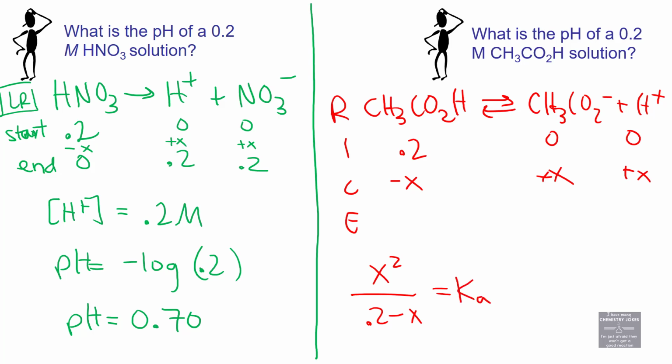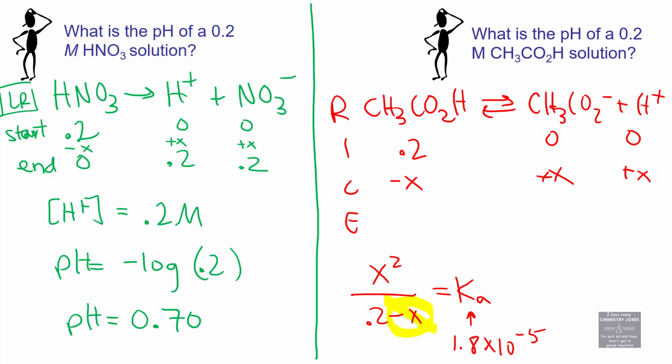I cannot assume it's 0.2 molar H+ because it's a weak acid. So I can look up the Ka in a table. The Ka of acetic acid is 1.8 times 10 to the negative 5. I can do one more thing and assume x is small and get rid of that bottom x.